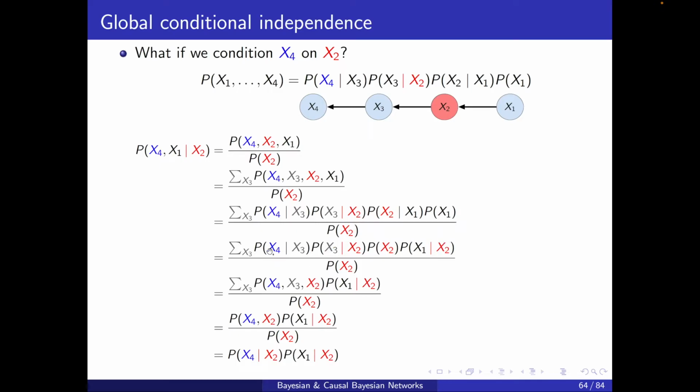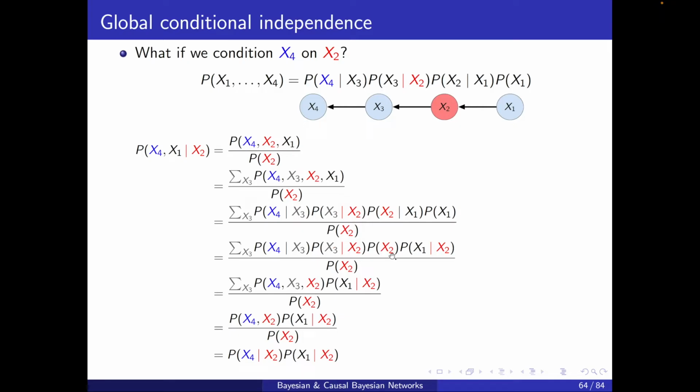Now, look at this part: x4 conditioned on x3, x3 conditioned on x2, and then times x2. This is basically the sub-Bayesian network here. So if I ask you to write down the joint probability distribution for this part, you can just write it like this, right? And if you want to do it algebraically, you can check that P of x4 conditioned on x3 and x3 conditioned on x2, the two together, because of the conditional independencies that the factorization is imposing, is equal to P of x4 and x3 conditioned on x2.